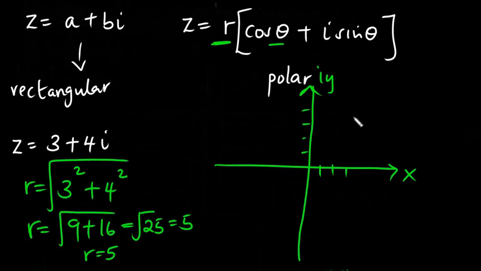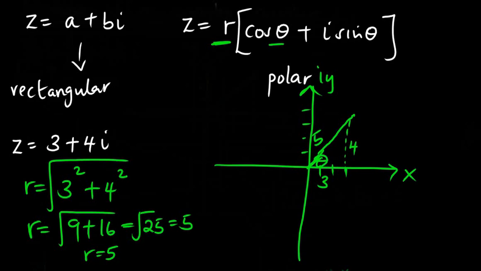So this is the complex number. We have 3 units here and 4 units here, and then the modulus is 5 units. So the value of theta is this one.